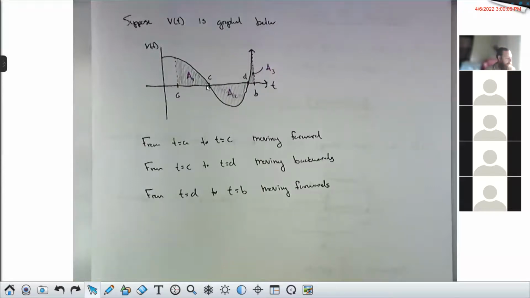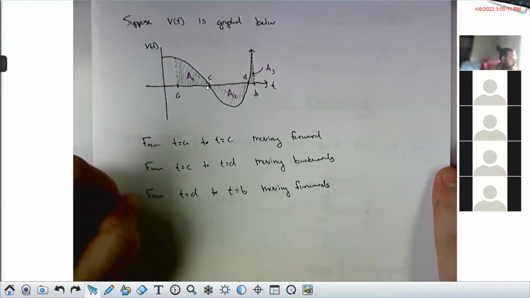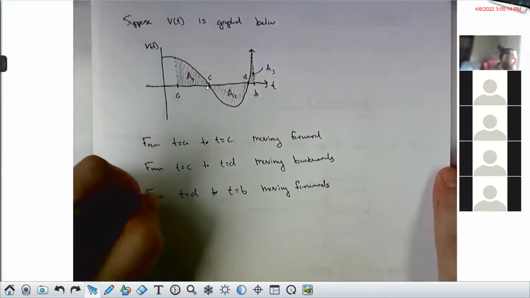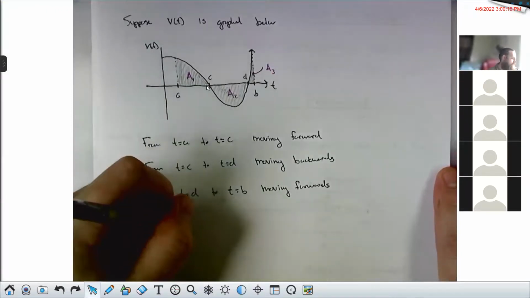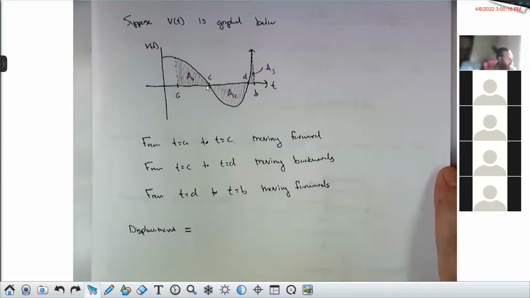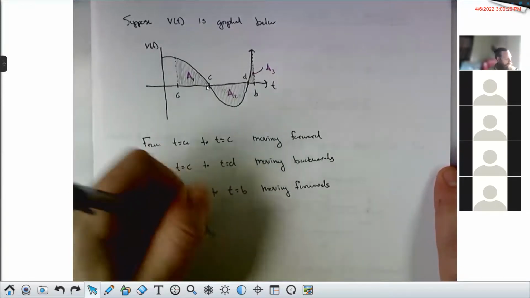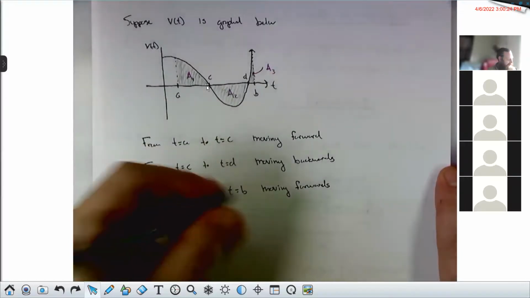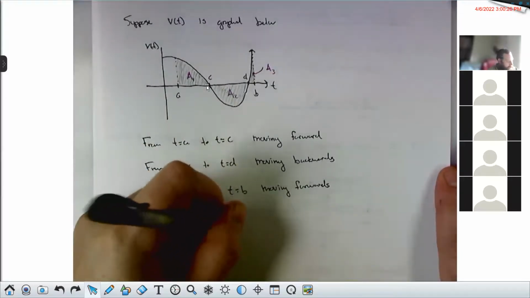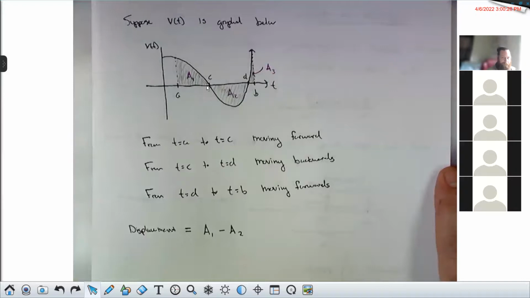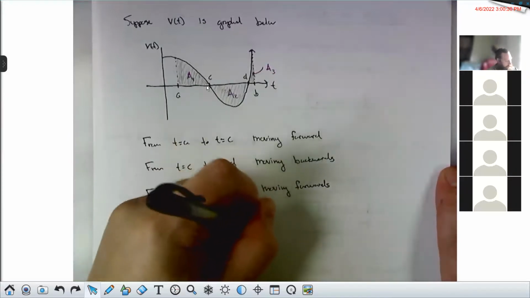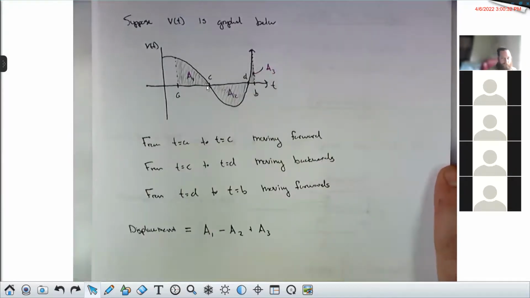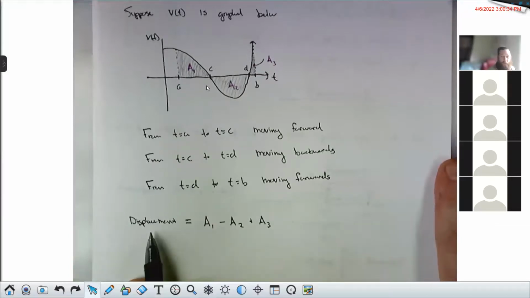So my displacement would be A1. I moved forwards by A1 minus A2, because I moved backwards A2, plus A3, because now I'm going forwards again A3, and I'm trying to find out how far I am from where I started, not the distance I traveled.